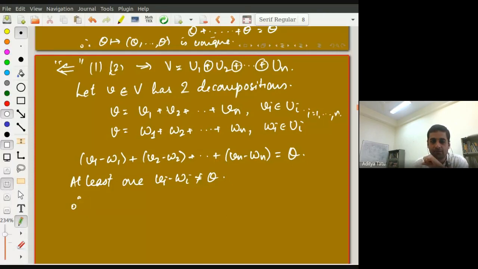And therefore, theta does not have a unique decomposition.